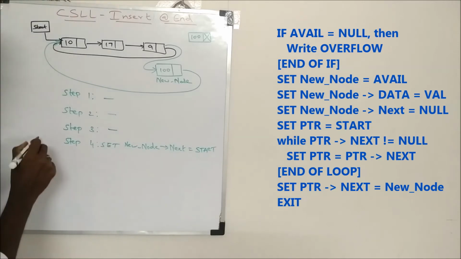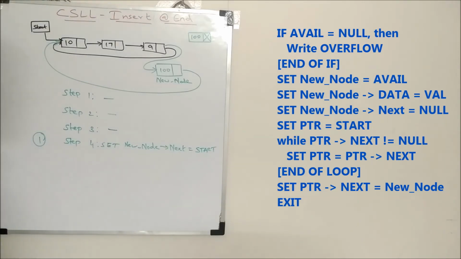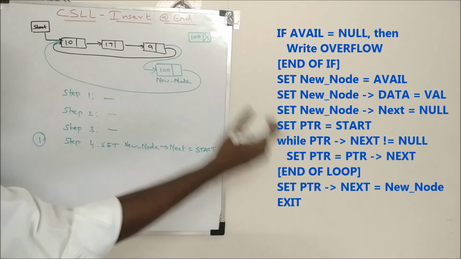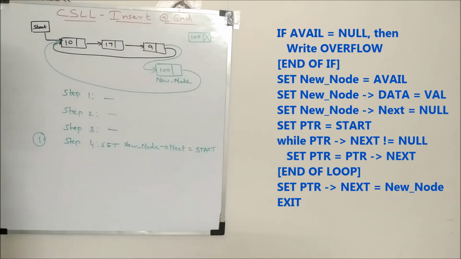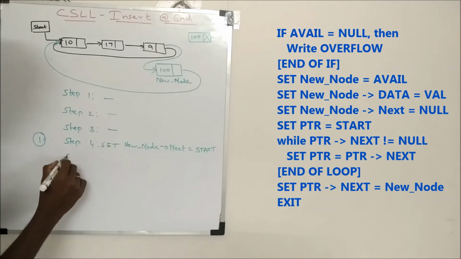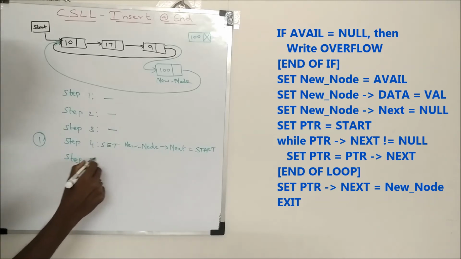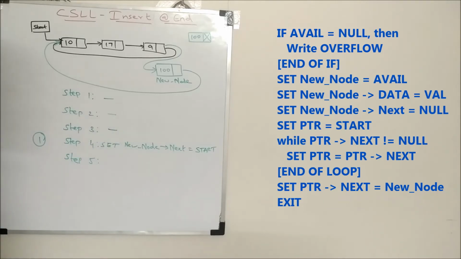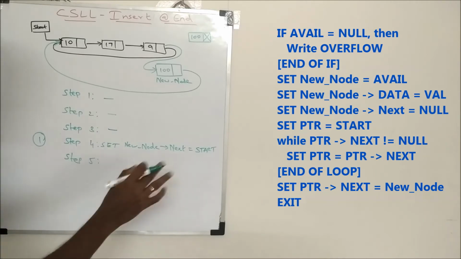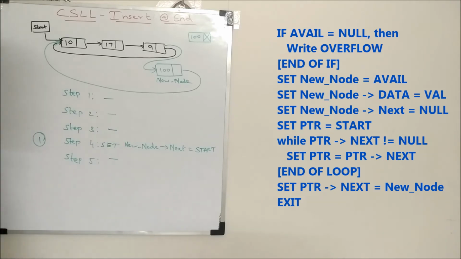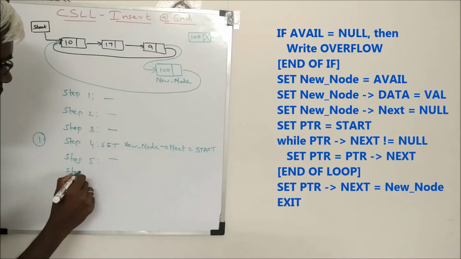So this is the first change from singly linked list algorithm to circularly singly linked list algorithm. In step 5, set pointer is equal to start. Here also the same. I am going to write step 6 here.